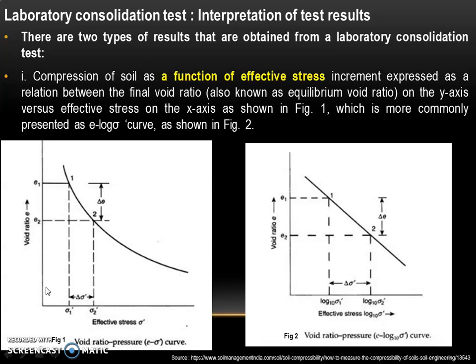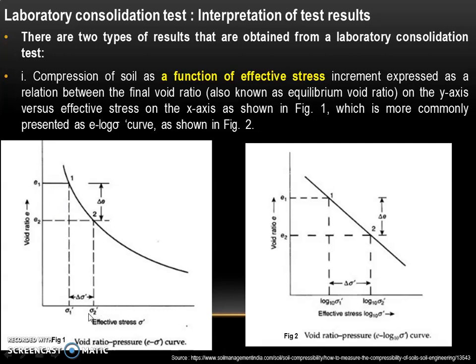Here we can see a graph which is drawn for void ratio on the y-axis and effective stress sigma dash on the x-axis. So this is the curve which is obtained by consolidation test. Sigma 1 dash is the applied effective stress and e1 is the corresponding void ratio.